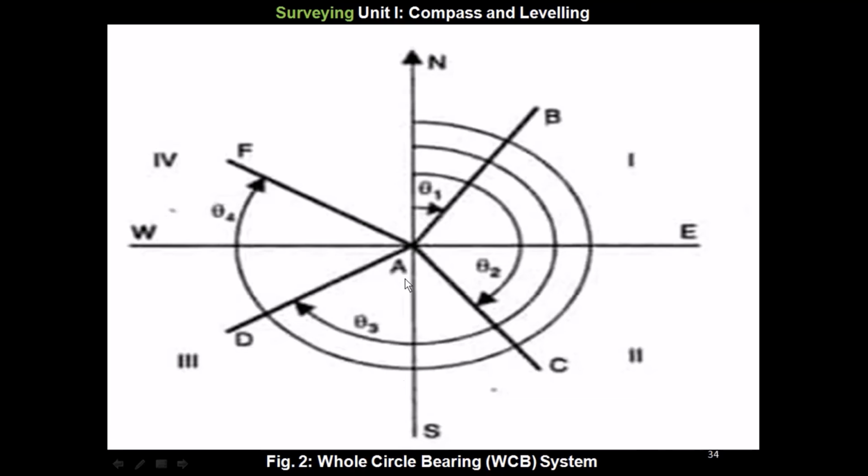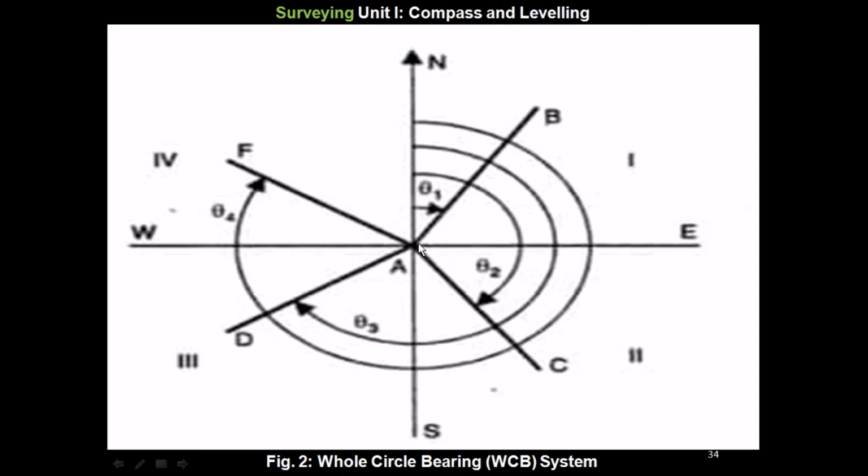So here we can see the north, the south direction, east direction and the west direction. So this is the line AB, AC, AD and AF. So these lines, AB line making the angle with north, this is theta 1. AC line, the angle made with the north is theta 2.